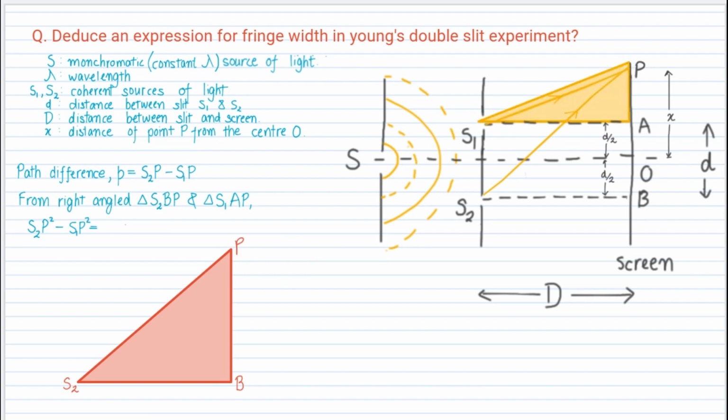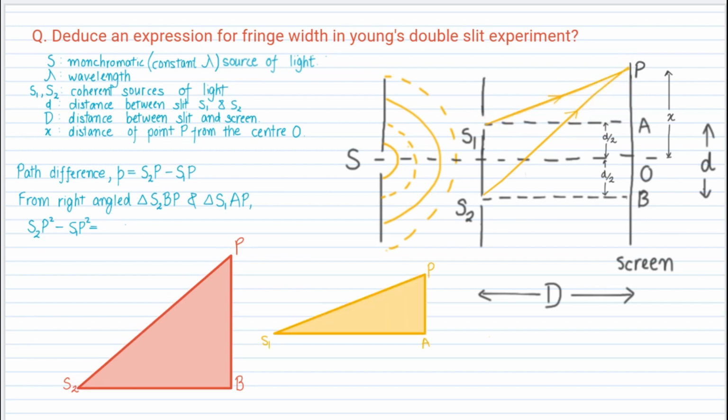So look at your triangle S2BP. This is a right angle triangle. In this triangle, the square of the hypotenuse S2P will be equal to the sum of the squares of the other two sides. So your S2P square equals S2B square plus PB square.